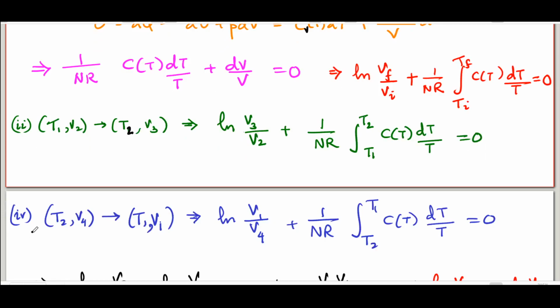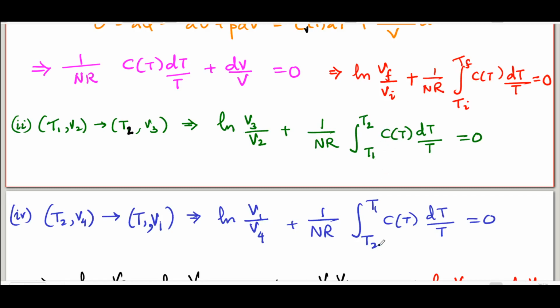The fourth step of our process, the other adiabat, goes from T2 V4 back to T1 V1. And for that, the same equation becomes log of V1 by V4 plus 1 by nR. Now the integral goes from T2 to T1 of C of T dT by T, and this whole sum is of course again equal to 0. But the important thing here is these two integrals are essentially the same integral with just their limits switched.